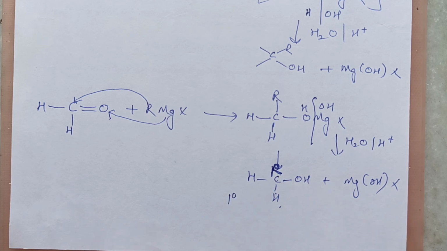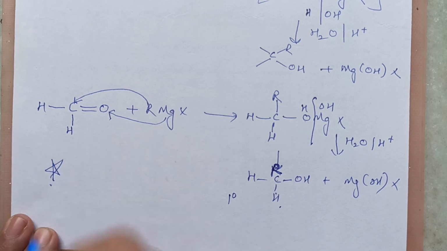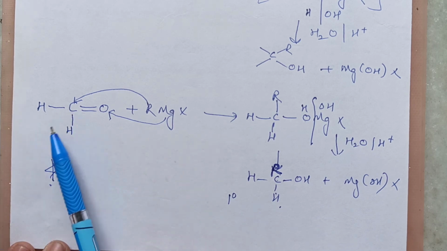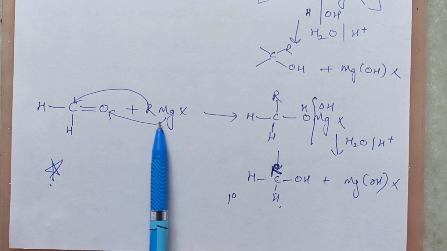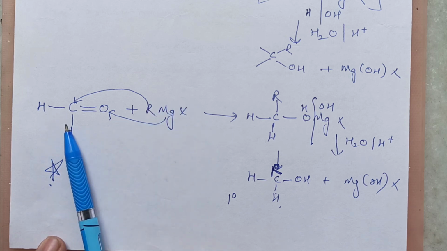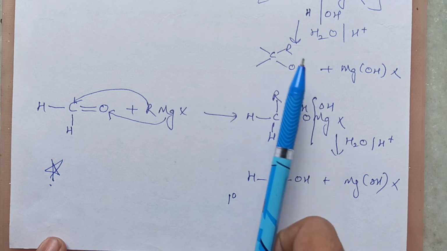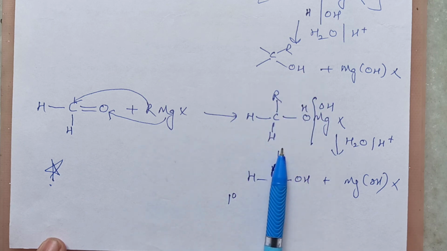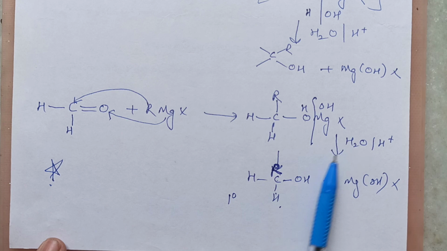Please note this down, very, very important. If you are using formaldehyde and any Grignard reagent, it is a nucleophilic addition reaction, you get an adduct, then hydrolysis, and you will always get 1 degree alcohol.